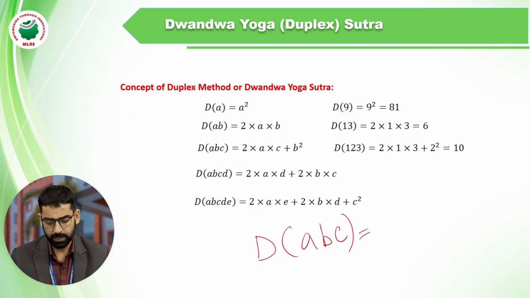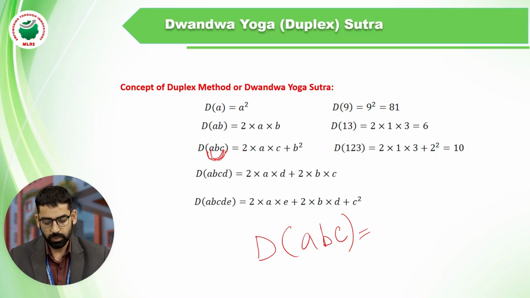Here you take the pair of A and C, and then we have another number, B. For a 2-digit number, as in the previous example, the duplex is 2 into the first number into the second number. So in this 3-digit number, we make a pair of the first digit and the last digit.